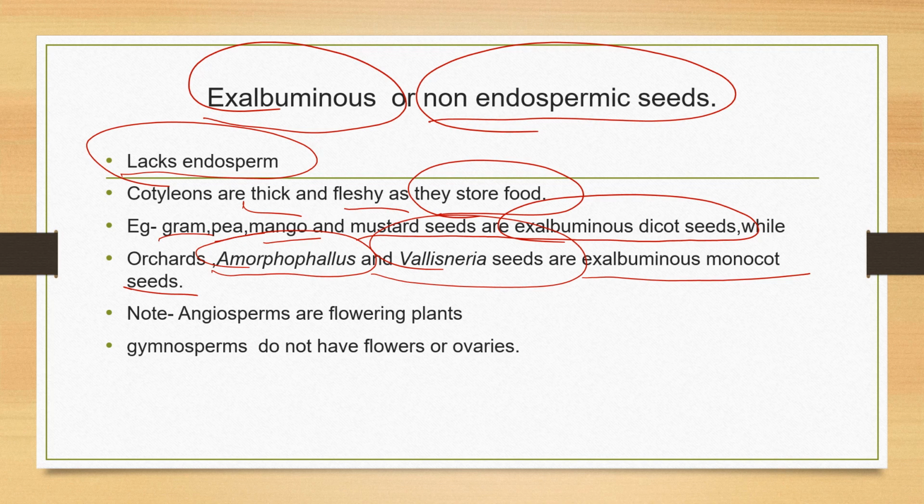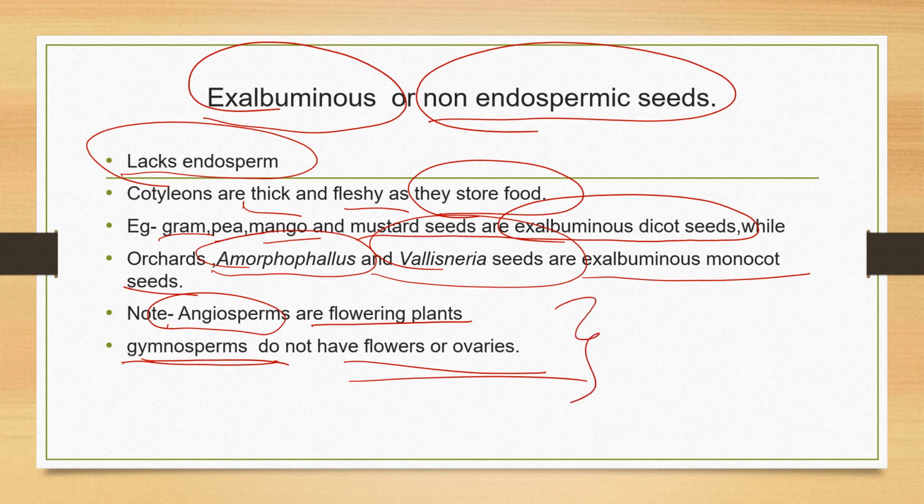Now we should make a note of one term, that angiosperms, we all know that special thing, these are flowering plants, and gymnosperms, they neither have flowers nor they have ovaries.